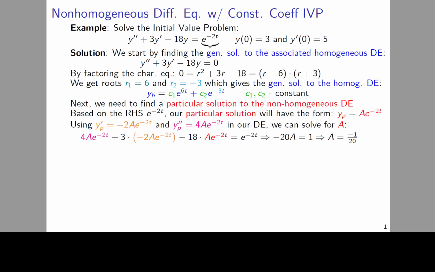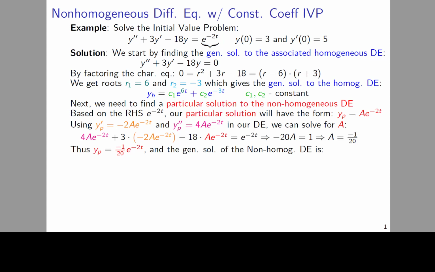So we found that y_p = a e^(-2t), which we now know is -1/20 e^(-2t), is a particular solution to the non-homogeneous differential equation.